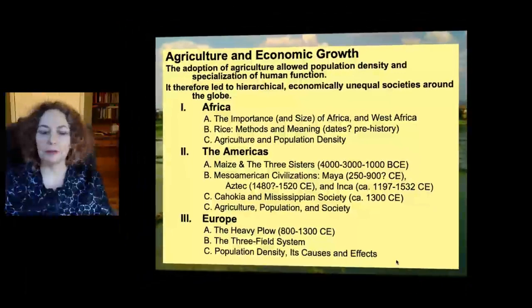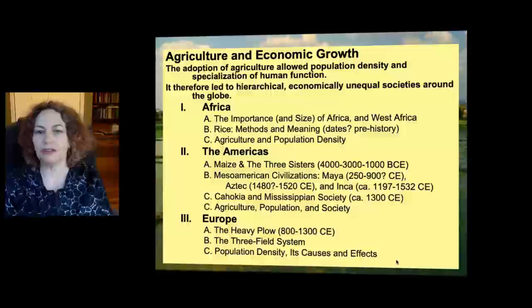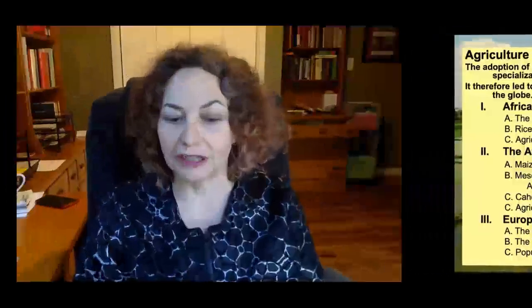On the other hand, farming usually leads to the creation of a surplus, a little extra food that can be stored or traded. For this reason, because agriculture creates a surplus, it leads to specialization of human function and social stratification. Since there's extra, it means that not everybody has to make their own food.